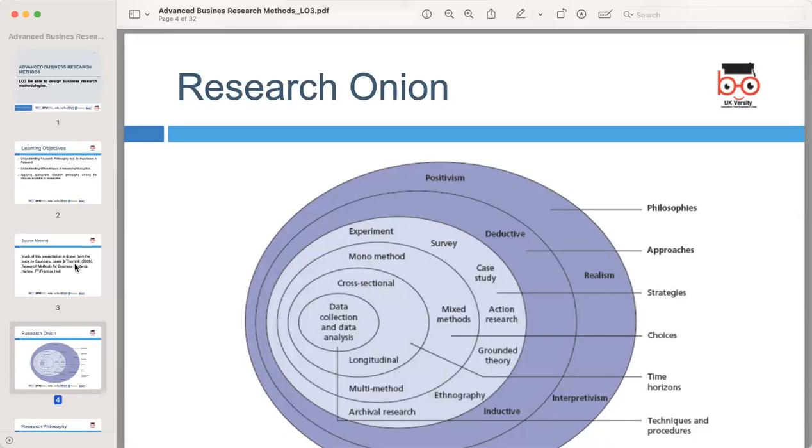By understanding these layers, we can conduct effective and reliable research. This research onion, in a nutshell, by peeling back each layer, researchers can conduct rigorous and well-structured studies. So remember to consider each layer of the research onion when planning and conducting your research projects.